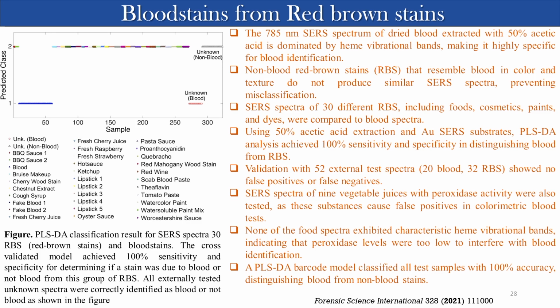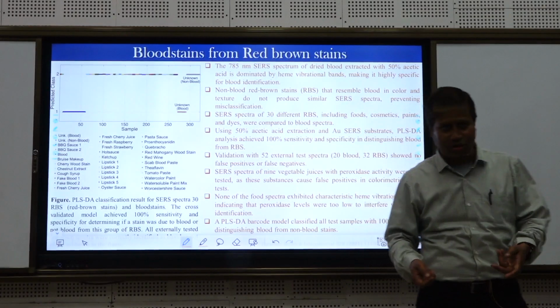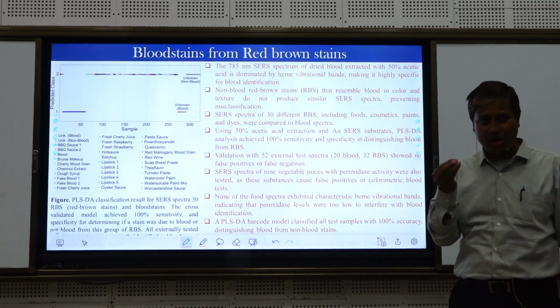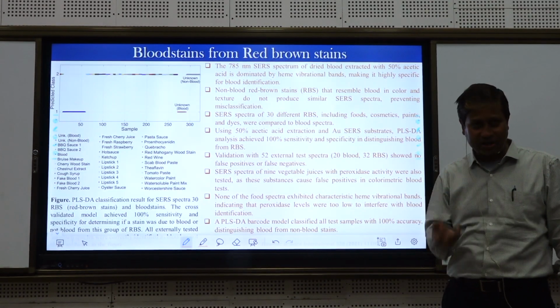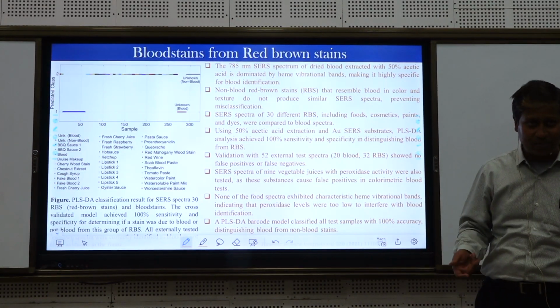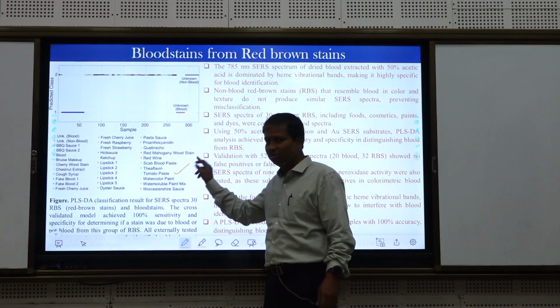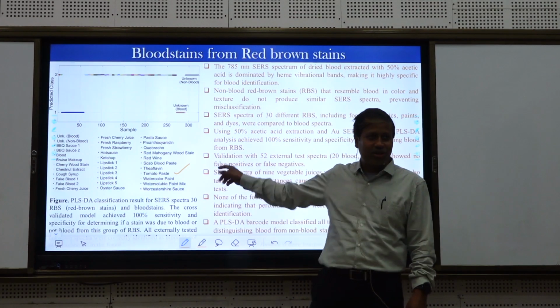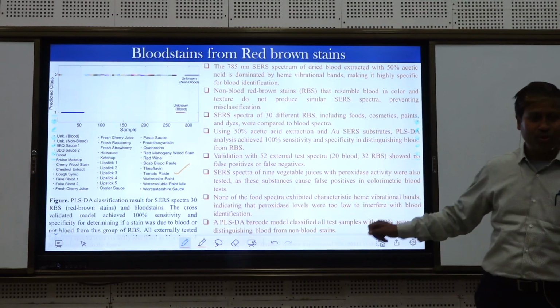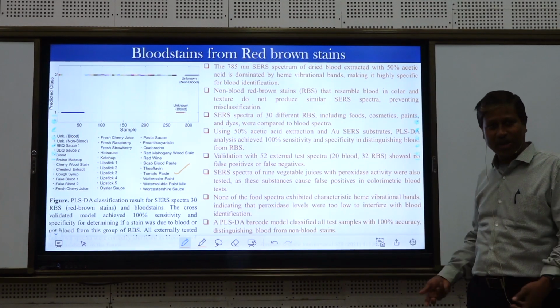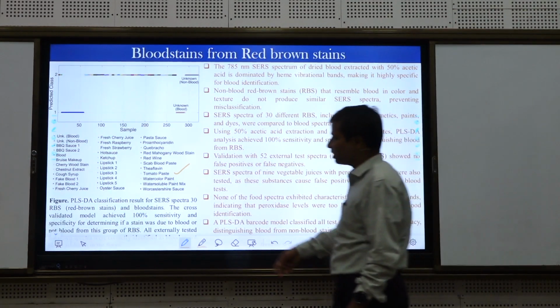Now if you have a red-brown spot somewhere, on some cloth or anywhere, you can think it is blood, dried blood, or it may be something different like tomato ketchup and all these things. So this technique is also helpful to say whether it is human blood or something else.